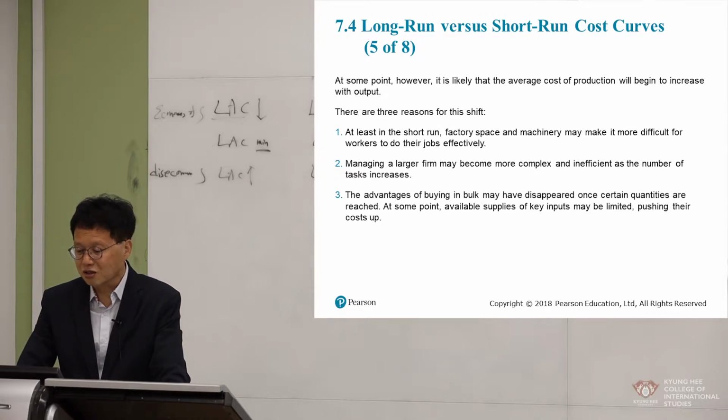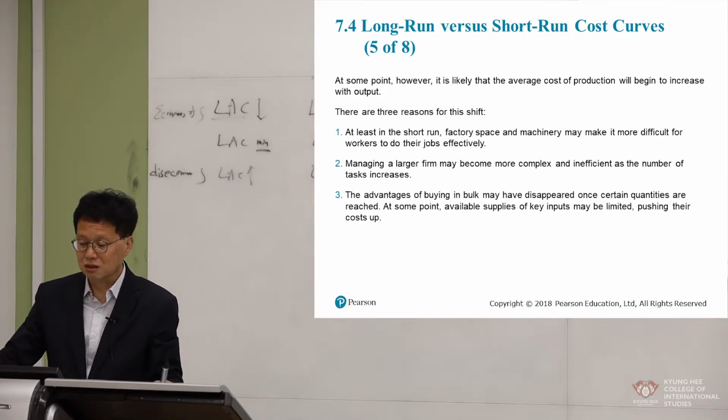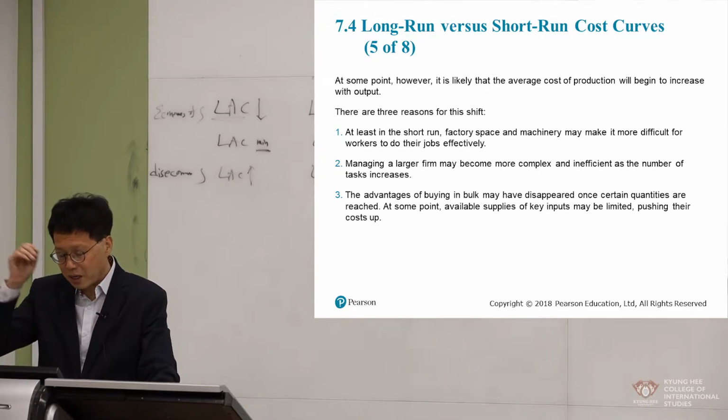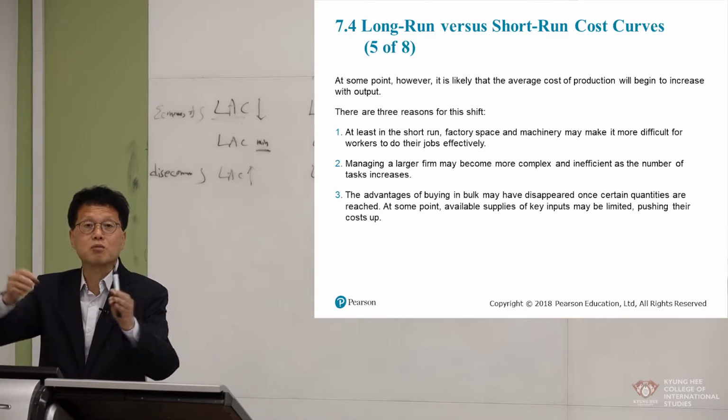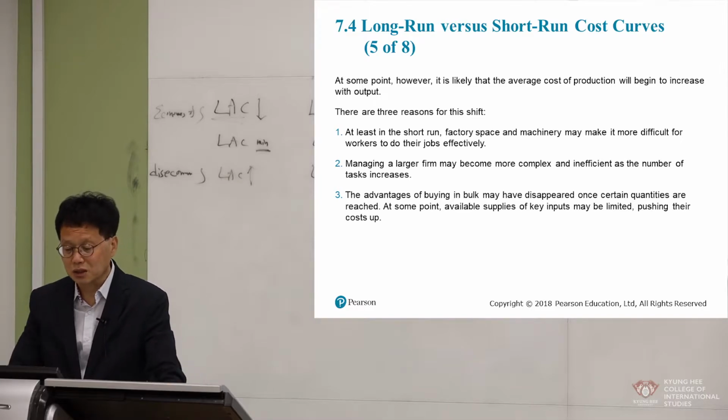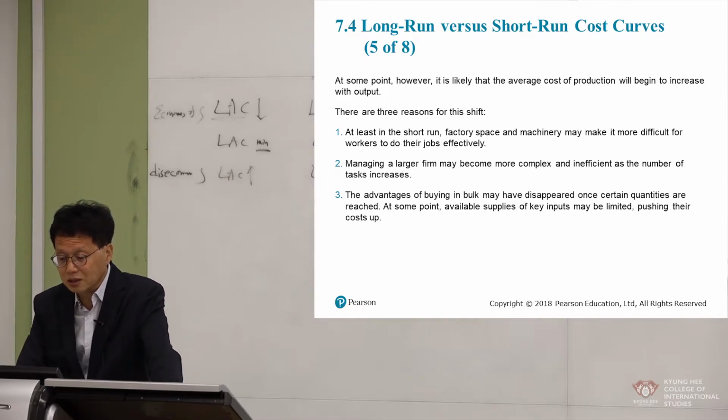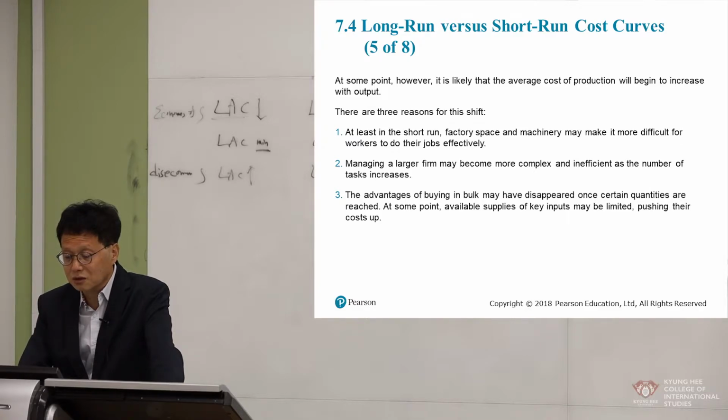Number 2, managing a large firm may become more complex and inefficient as the number of tasks increases, exponentially. So one manager has to be involved in so many tasks, and inefficiency happens. Number 3, the advantage of purchasing in bulk may disappear once certain quantities are reached.